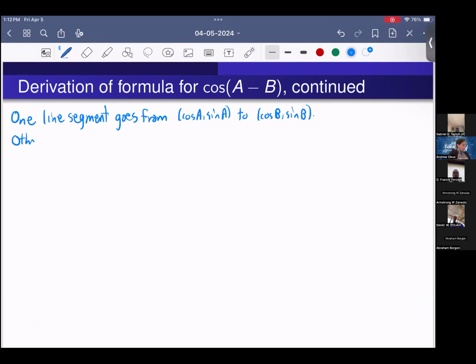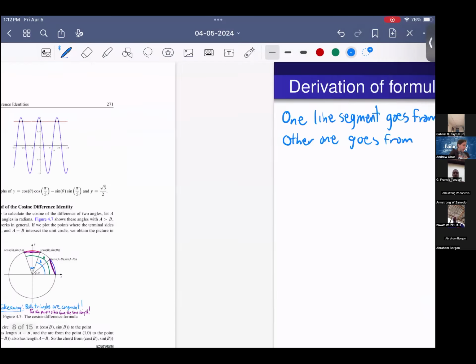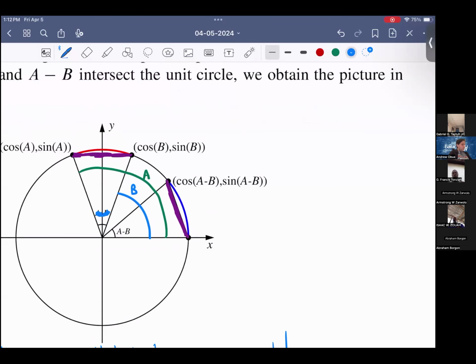The other one goes from, well, what do we have? It goes from cosine (A minus B), sine (A minus B) down to this point. But this is the unit circle, right? So this is just the point (1, 0).